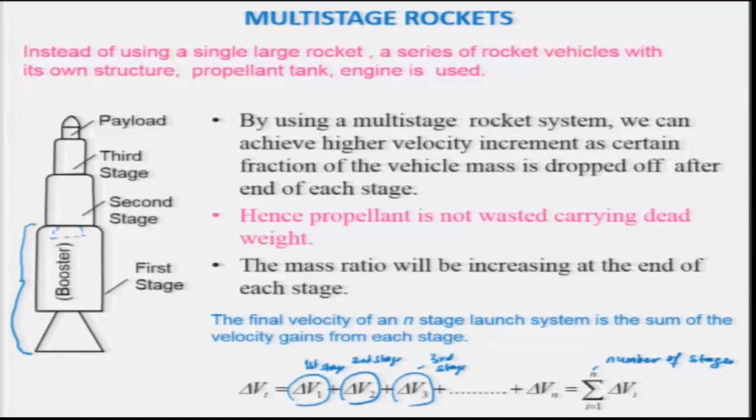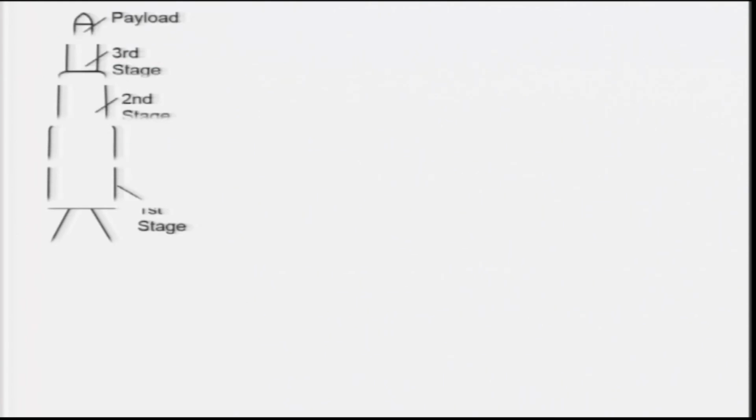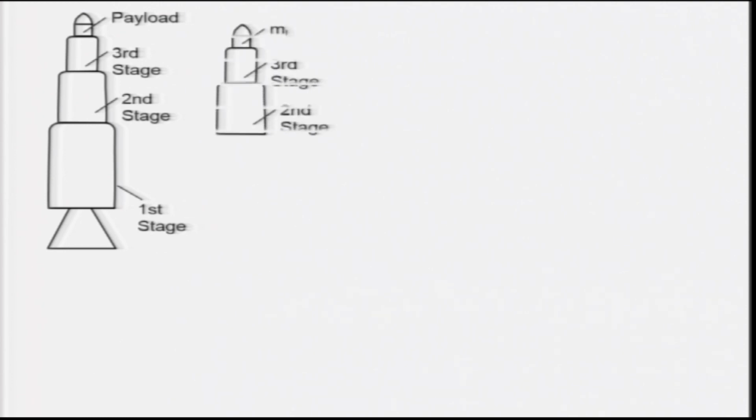But before that, let us analyze these rocket stages, which we call tandem, or rockets in series. As I told you, this is the 3-stage rocket example we are considering. If you consider this to be the second stage, and this your first stage, the second stage will have some nozzle.